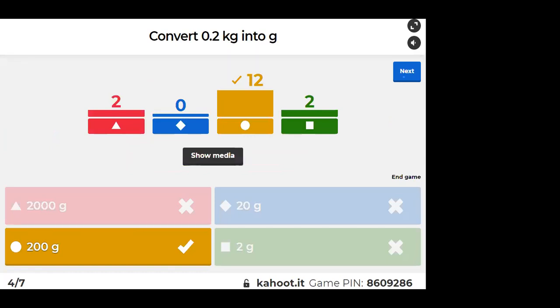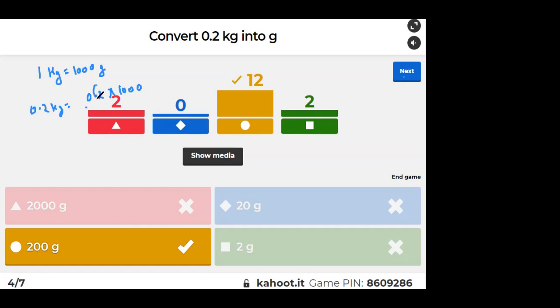Okay, very good. Correct. So most of you are correct. In order to convert, we know that 1 kg is equal to 1000 grams. So 0.2 kg is equal to what? 0.2 into 1000. Yes or no?